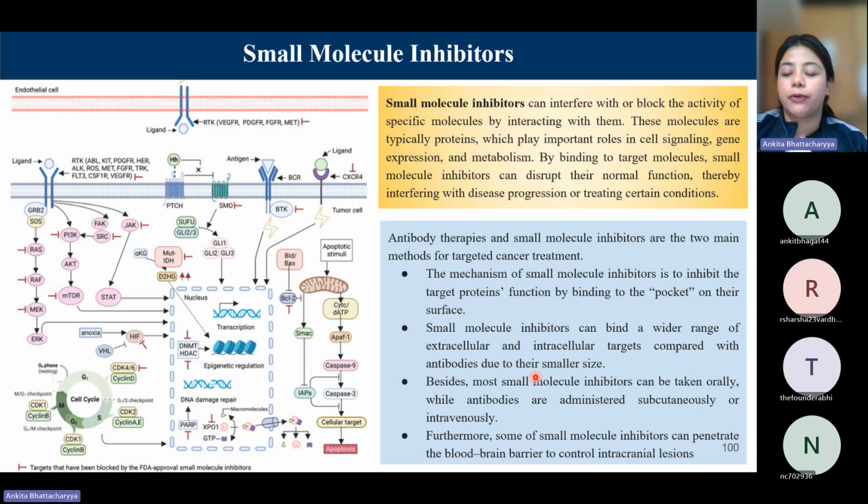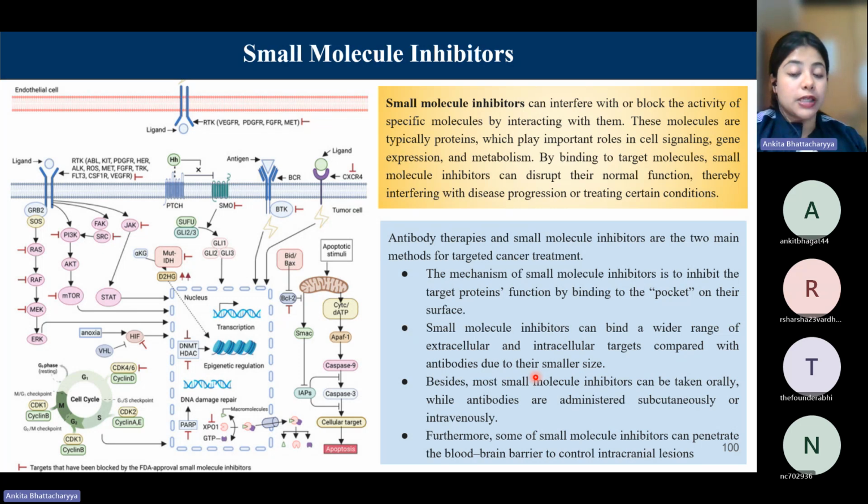And it may so happen that for a particular protein, that access is necessary so that the inhibitor is able to inhibit the protein's inherent function. In case the antibody is not able to do so, having a small molecule inhibitor for the same, because it's, as the name suggests, a small molecule, it will be able to access that site and it will be much more efficient and do the job a lot better.